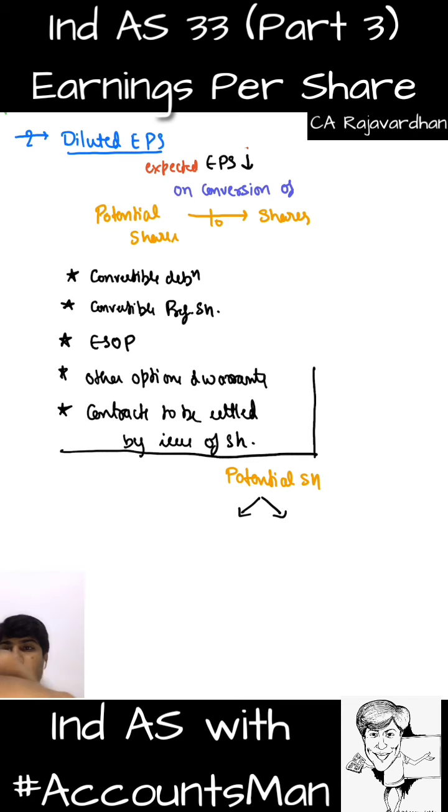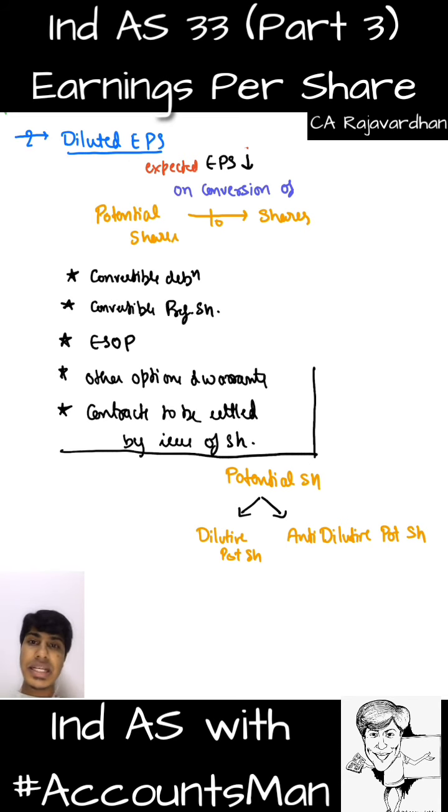One of which is dilutive, the other one is anti-dilutive potential shares. So what do you mean by dilutive? What do you mean by anti-dilutive? If these potential shares, when converted into shares, decrease the EPS, then it is dilutive. If it doesn't decrease the EPS, it is anti-dilutive.